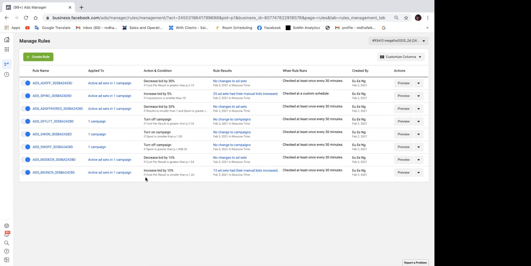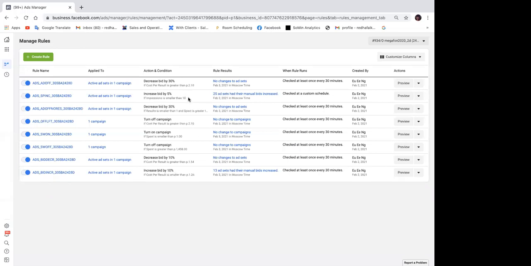Okay, so here it says if CPR is smaller than 1.26, it increases, right? So it means our CPR was lower than this 1.26. So naturally, it followed the rule or the setting to increase these 13 ad sets by 10%. Okay. And the same here, conversely.